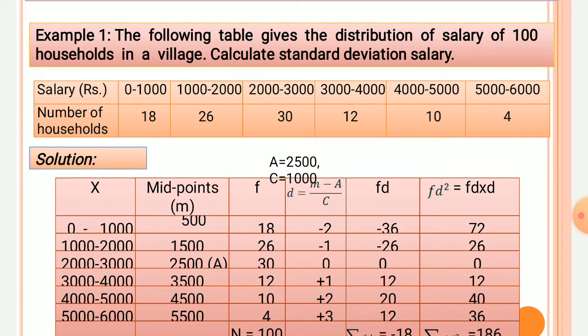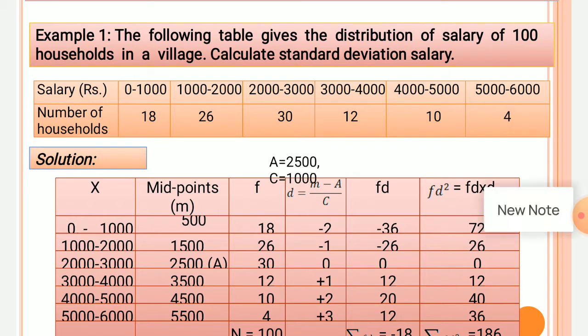In the fourth column we calculate d, then f into d, fd, and in the last column we show fd square. Fd into d is equal to fd square.